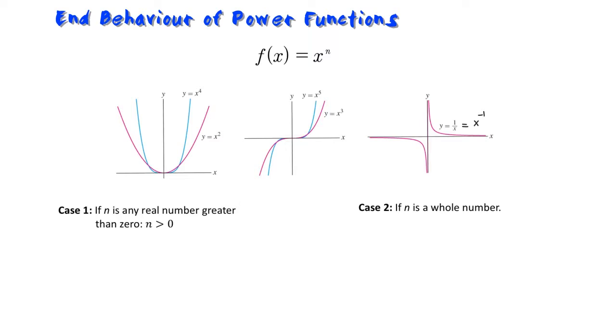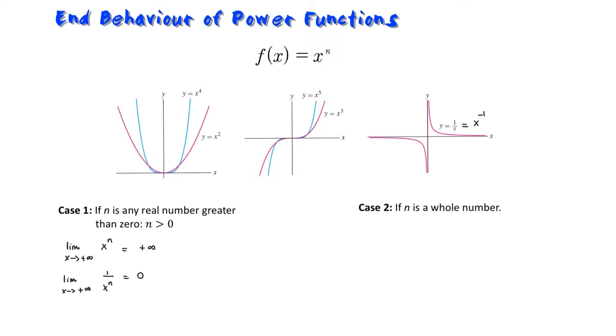So if that is the case, the limit as x approaches positive infinity of x^n is going to be equal to positive infinity. And the limit as x approaches positive infinity of 1 over x^n is going to be equal to 0.